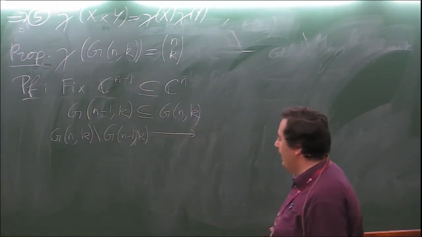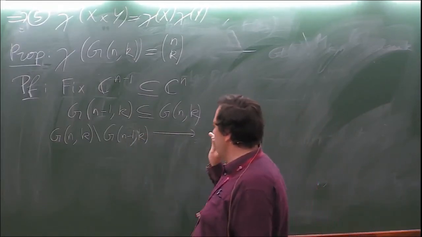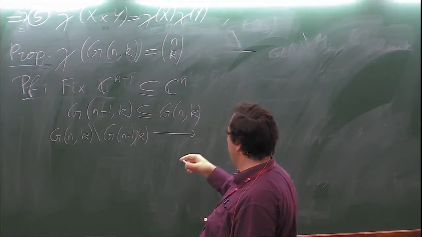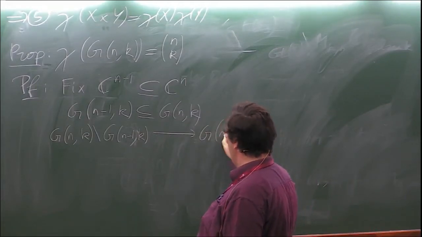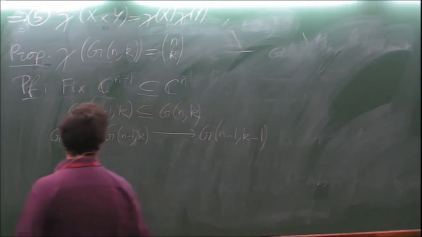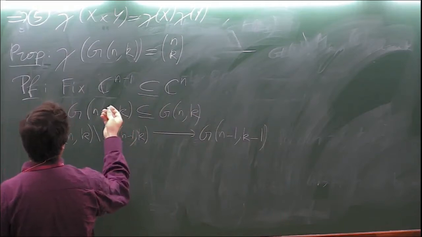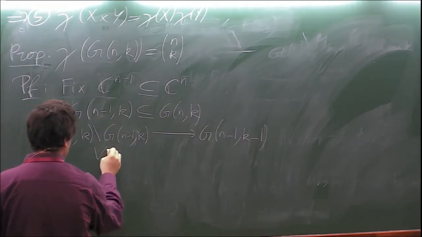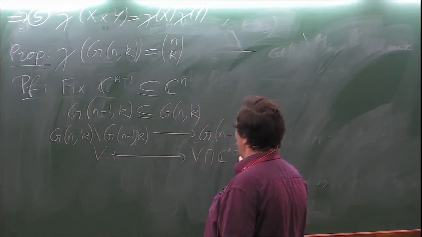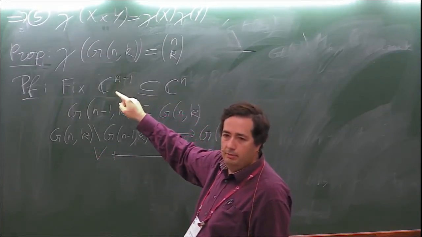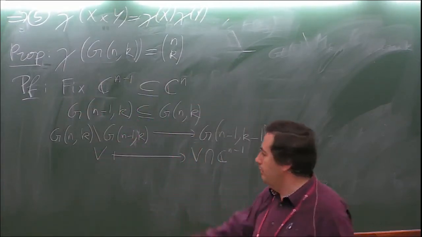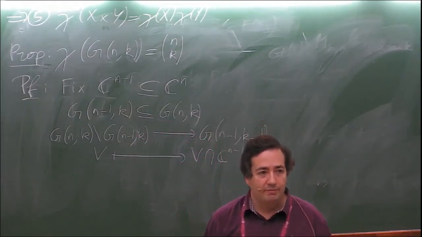I claim that I have a map from here to Gr(n-1,k-1). And this one is very easy. It just maps a certain subspace, maybe V, to V intersected with C^{n-1}. And pay attention, this is really this C^{n-1}. Maybe I should give it a more reasonable name, but each time I say C^{n-1}, it is this one.